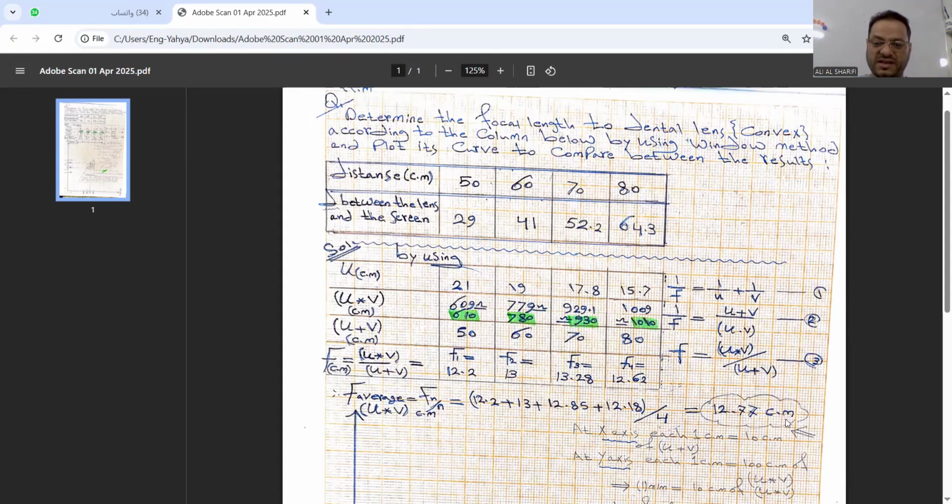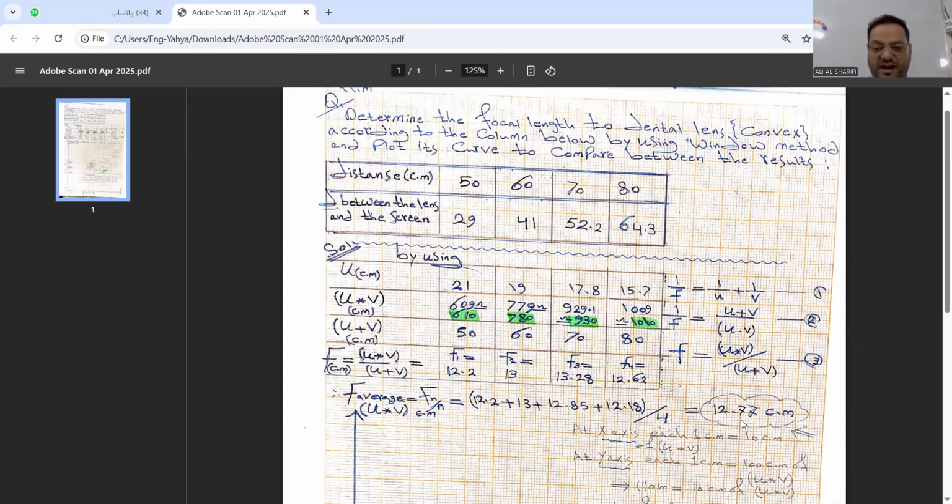After 12.77 centimeters from the center, this is the focal length, the focal distance, from the left and the right, because we explained before that any lens has two faces, the same on the right and the same on the left. By that, the focal length is the same from these two faces.